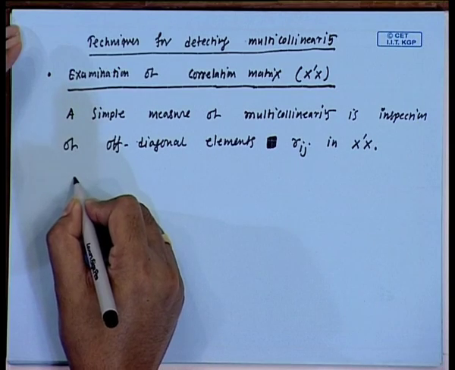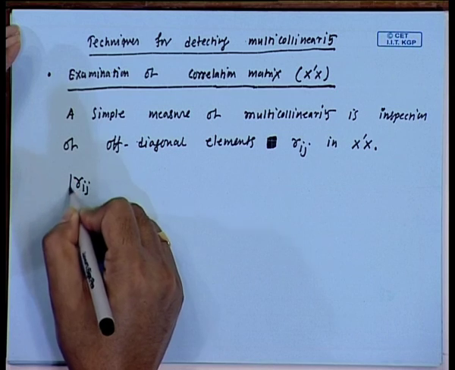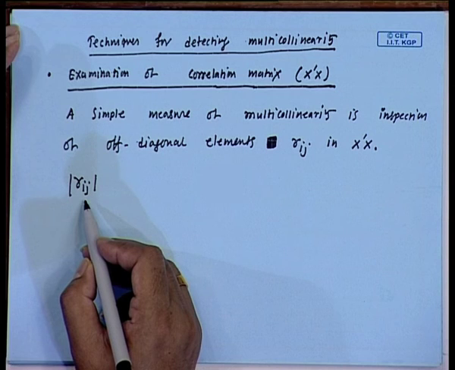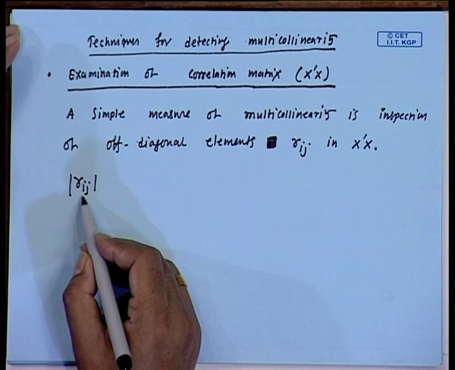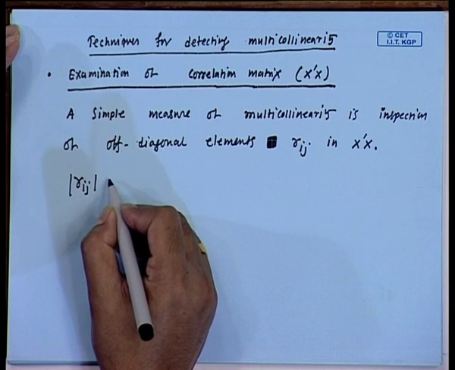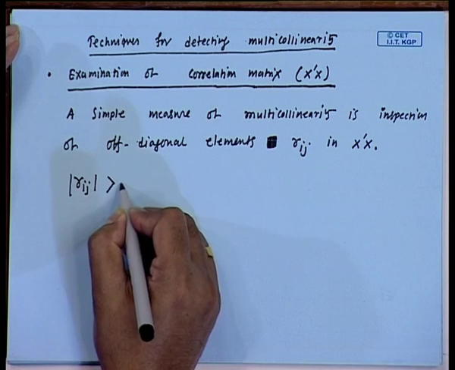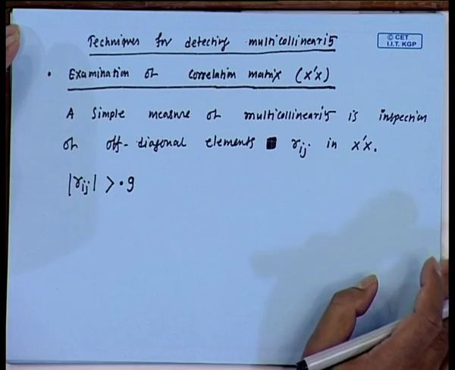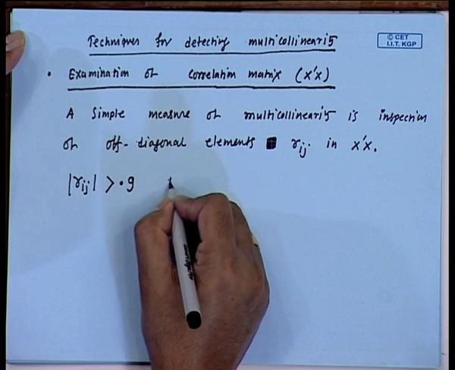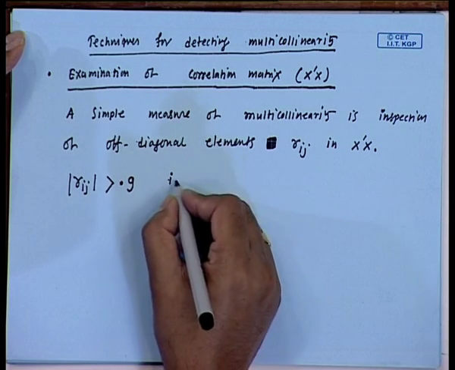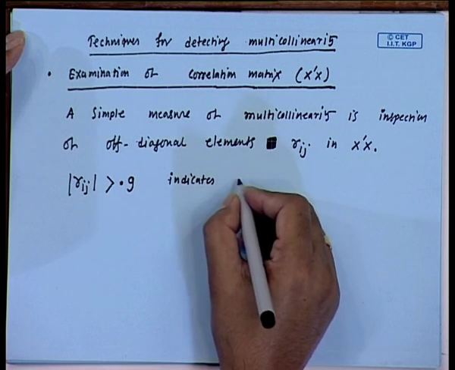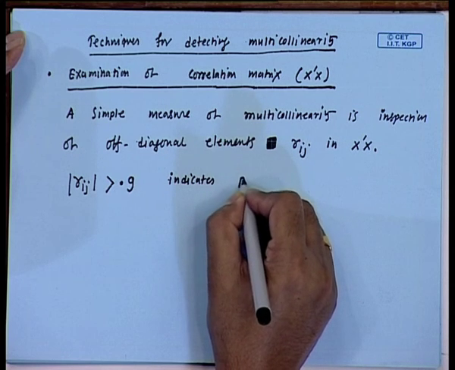As a general rule, if Rij, the correlation coefficient between the regressors xi and xj, is greater than 0.9, then it indicates a multicollinearity problem.